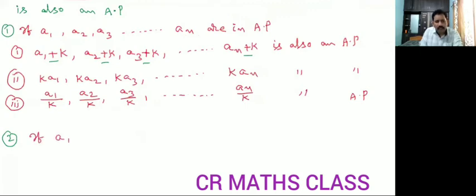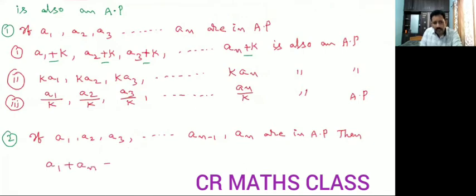If A1, A2, A3 and so on, An minus 1, An are in arithmetic progression, then the sum of the first and last term is equal to the sum of the second term and the second-from-last term, that is A2 plus An minus 1, which is equal to the third term plus the third-from-last term, A3 plus An minus 2. Those are equal.